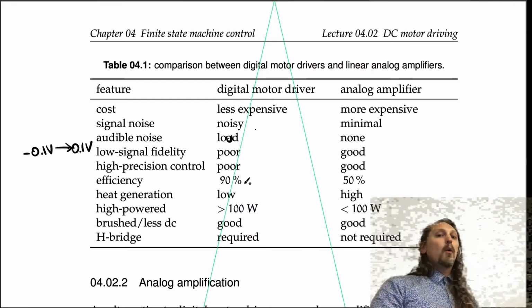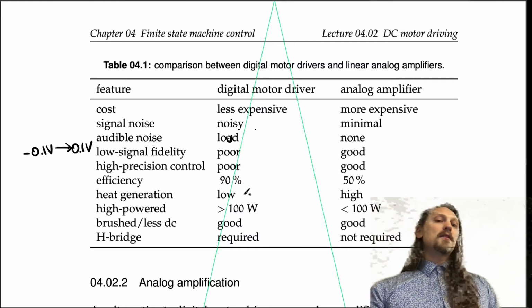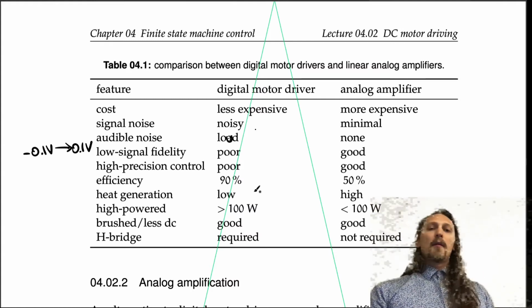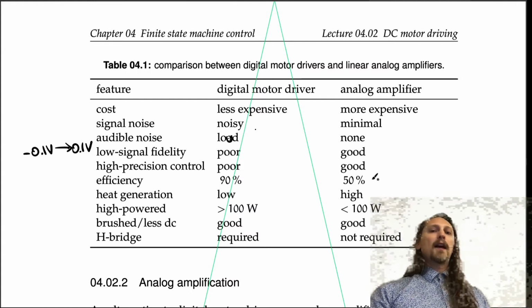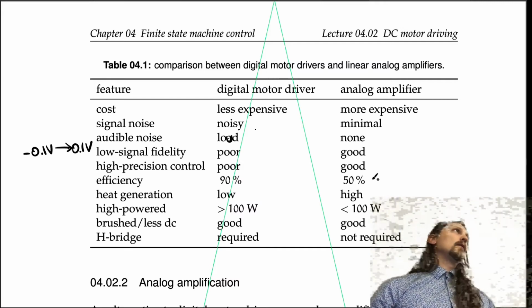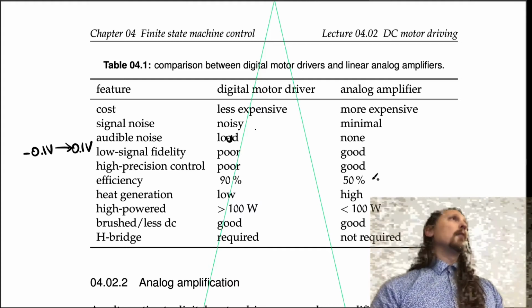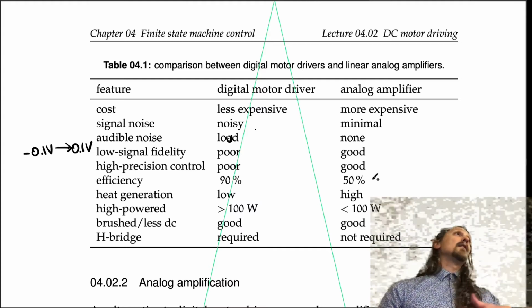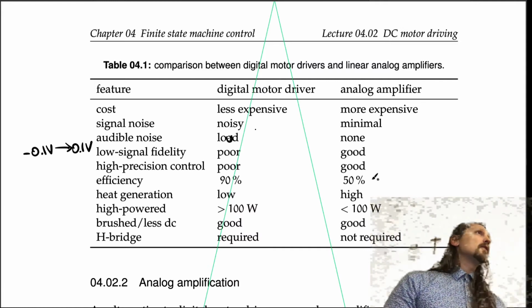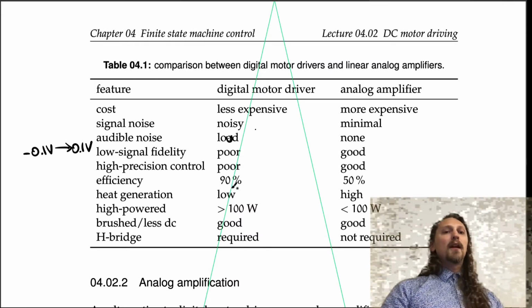But they're actually quite a bit more efficient than analog amplifiers. The efficiency is about 90% in common operating conditions, whereas for an analog amplifier, because we have these transistors on all the time, they're going to be sucking power faster, so they're not as efficient. And therefore they heat up.